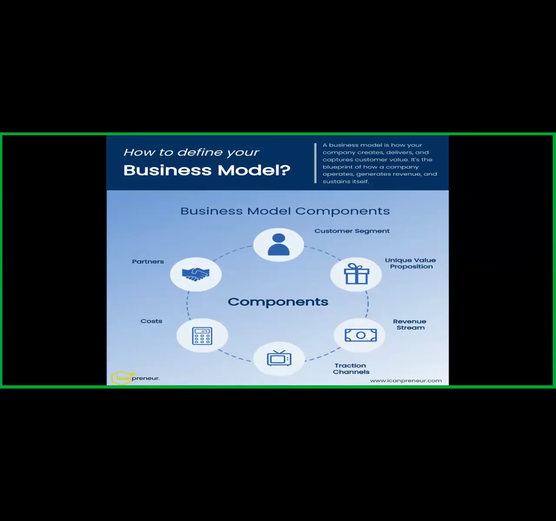So this is known as traction channel, that apart from one source, the revenue is being generated from the other sources also. And that is what traction channel is. So this is related to the business model components.